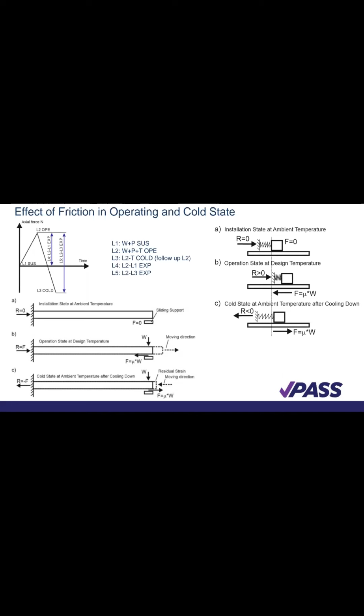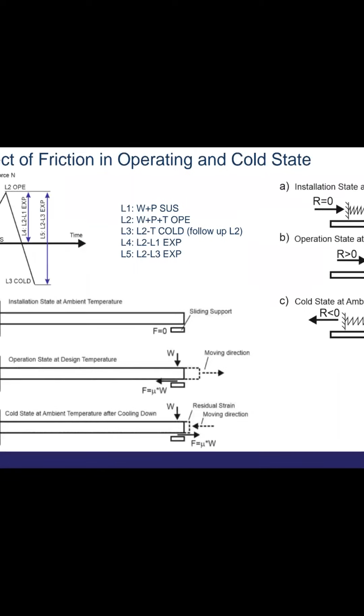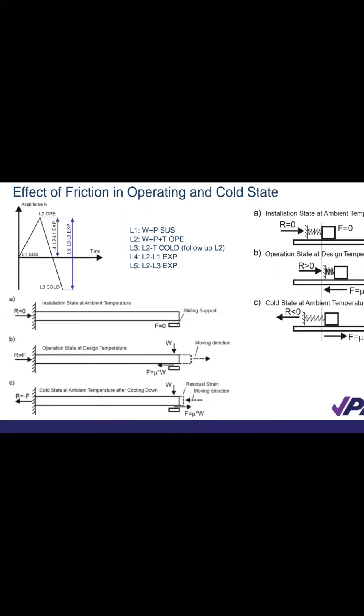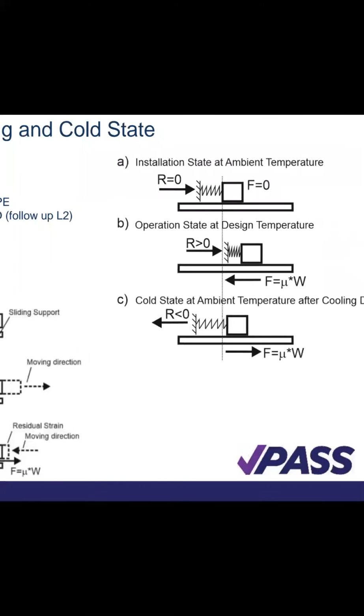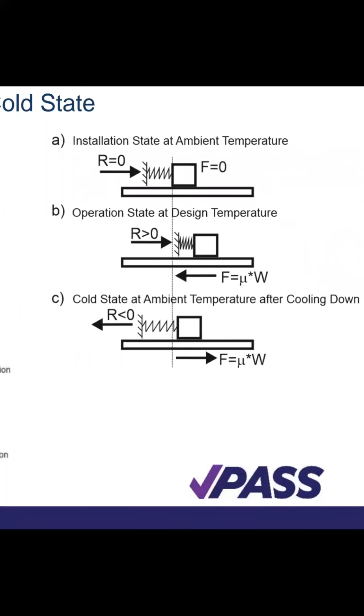Now here we have different calculations done. They are all built into the software. If you look at this place carefully, you will see the installation state at ambient temperature, the operation state at design temperature, and the cold state at ambient temperature, as it starts cooling down.